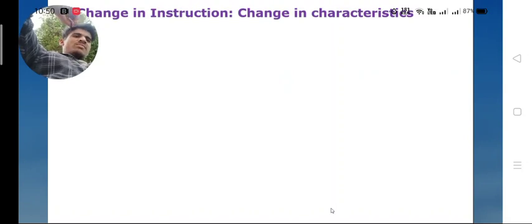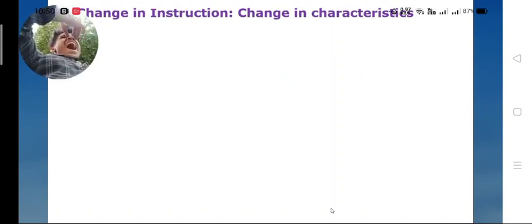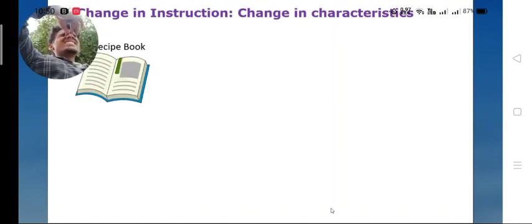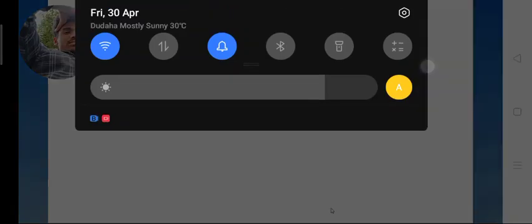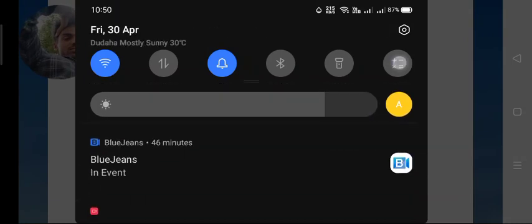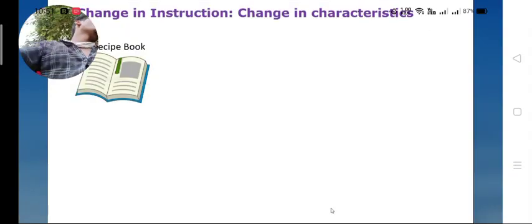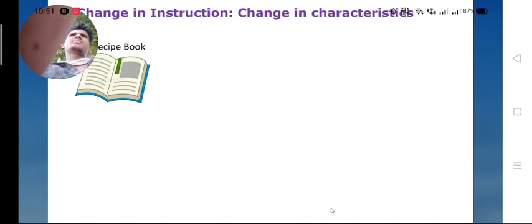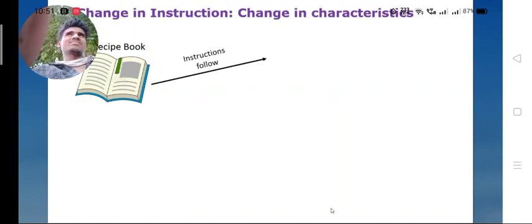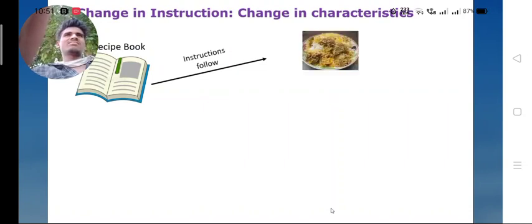I know most of you have prepared some recipe sometime by following the instructions in a recipe book. We have a cookery book where all the instructions are given for different recipes. If you follow all the instructions, then probably you are able to make a very delicious dish, right?